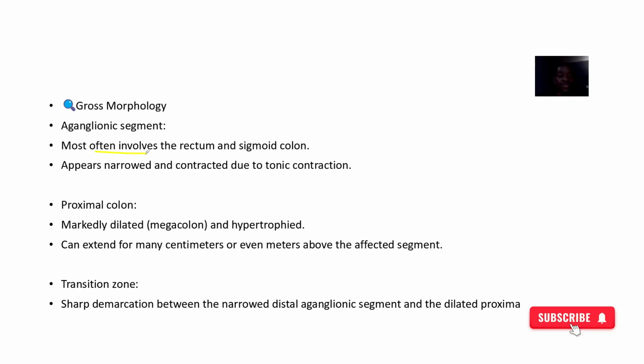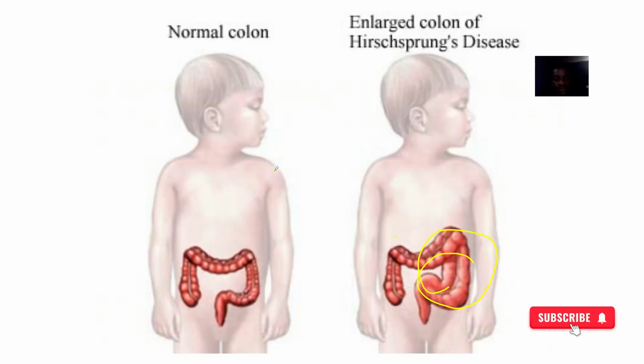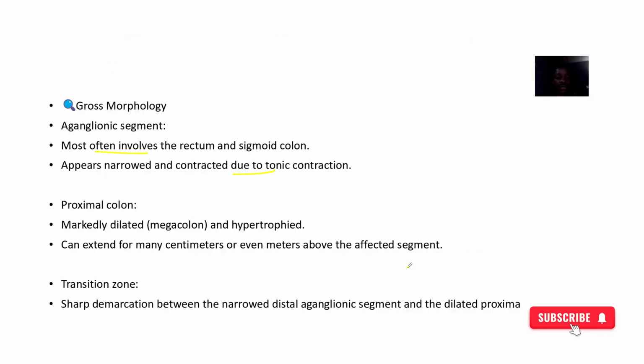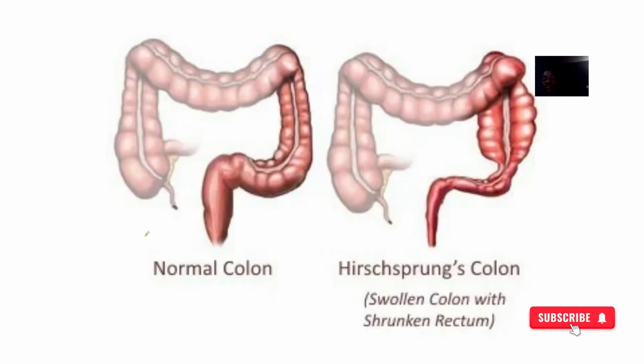Okay, so gross morphology, aganglionic segment. It most often involves the rectum and the sigmoid colon, and it appears narrow and contracted due to tonic contractions. So this leads to absence of ganglion cells. Then the proximal colon, because the rectum down is contracted, the one up is usually so big.